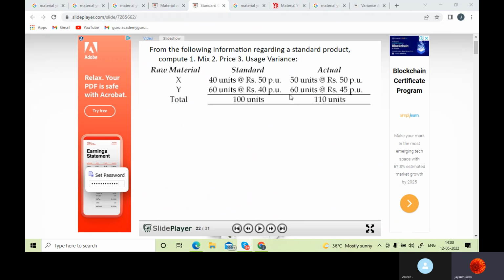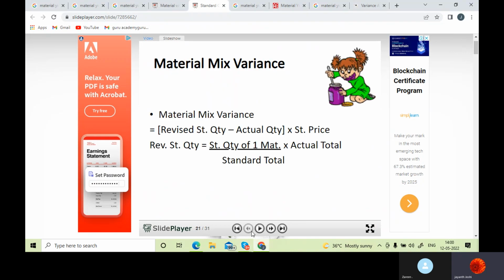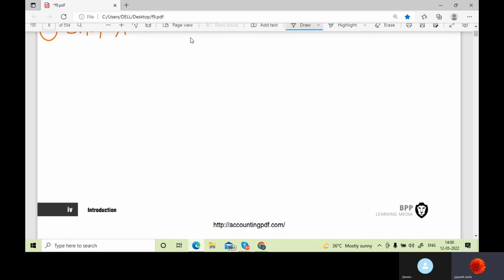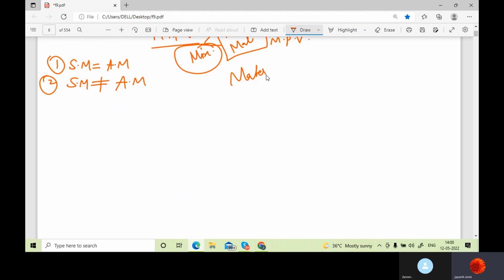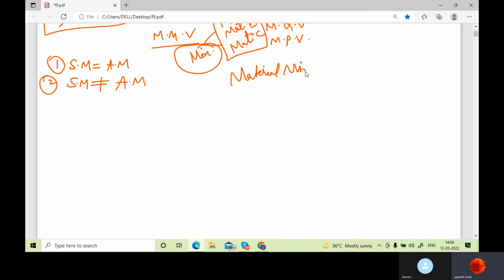Very clearly understood. So now in this scenario, how do we find out the material yield variance? First let us write the formula for material mix variance. I'll write the formula first. Material mix variance.